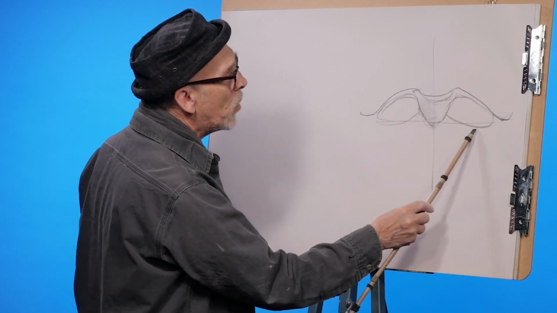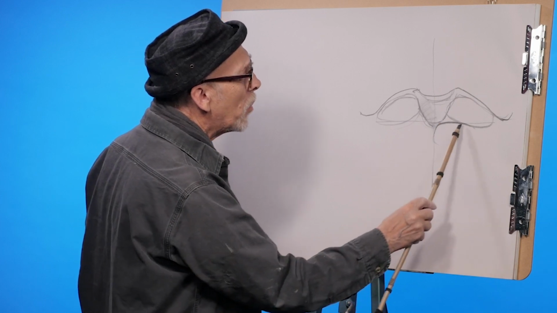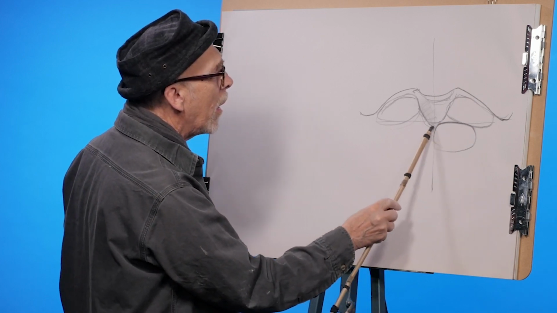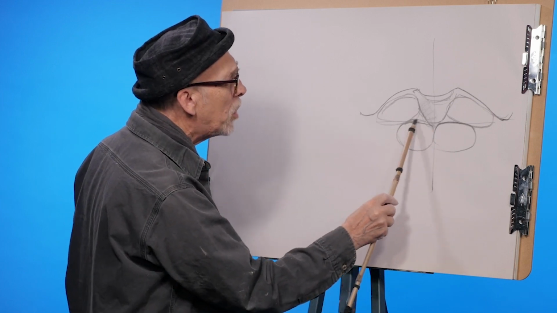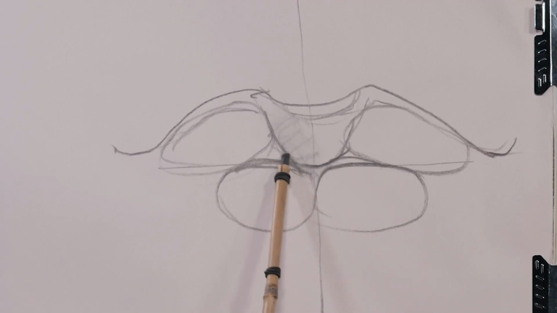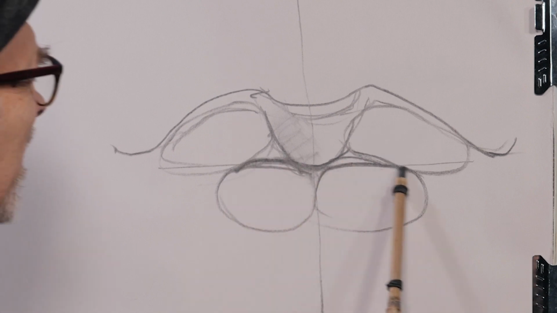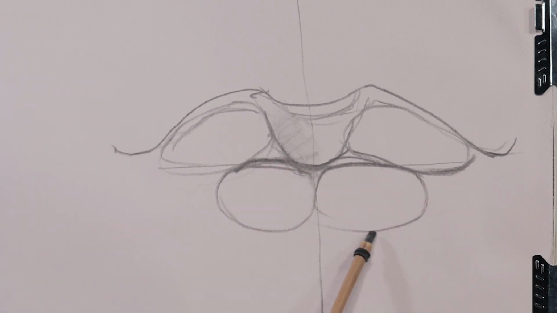Now what's so wonderful about this is the way that the two bottom lobes nestle between that shape. Just a perfect fit. And then there's the bottom. And now we just have to connect.